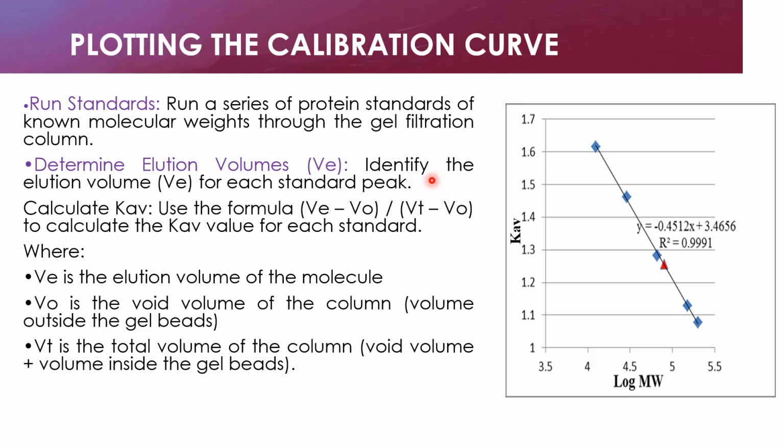When we are done with this, we identify the elution volume for each of the standard proteins and then calculate the partition coefficient or the distribution coefficient for each of the standard proteins by using the formula Ve minus V naught divided by Vt minus V naught, where Ve is the elution volume of the molecule, V naught is the void volume of the column, and Vt is the total volume of the column.